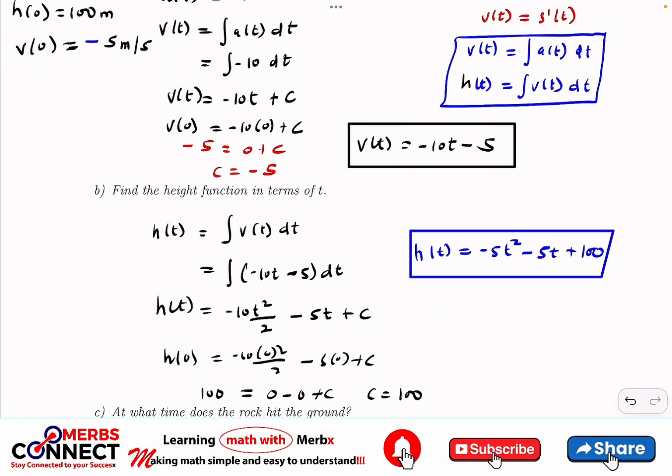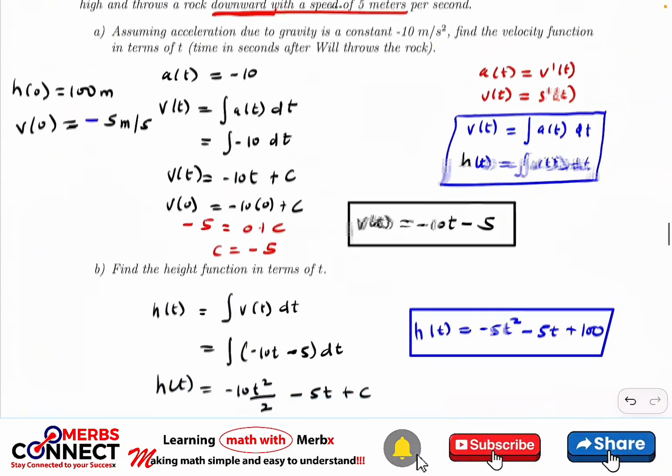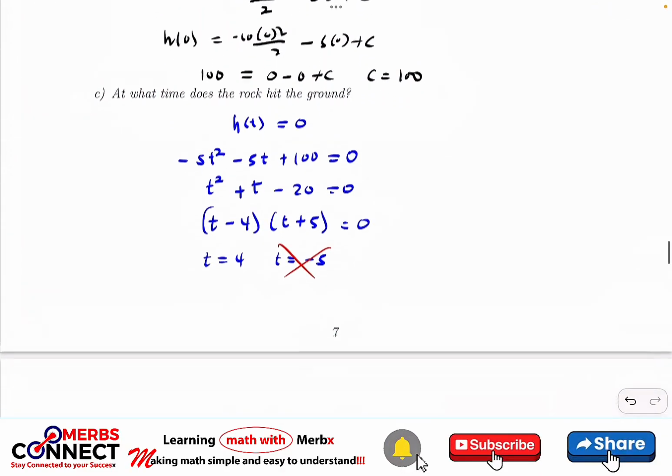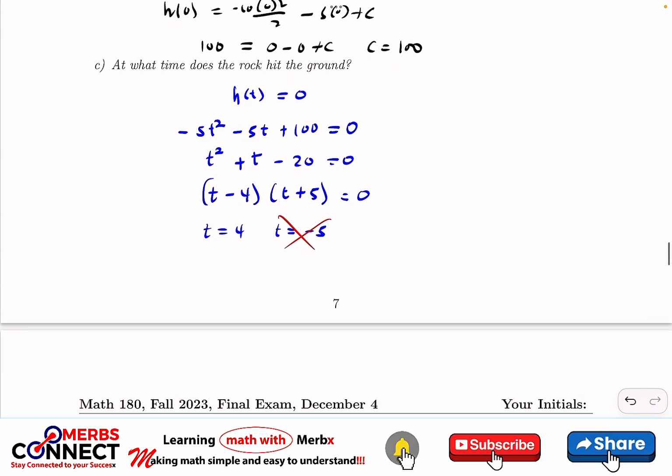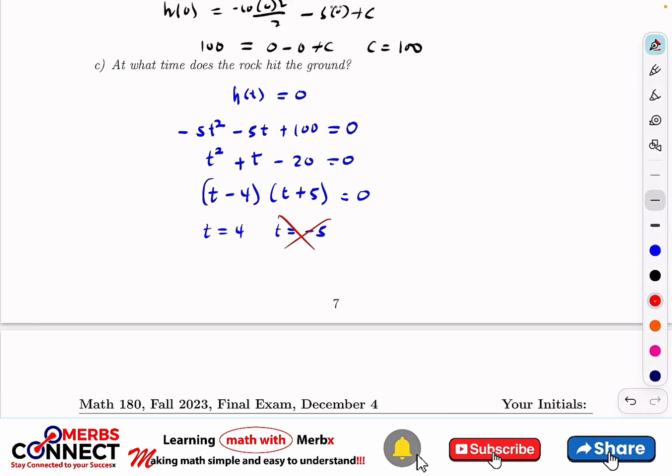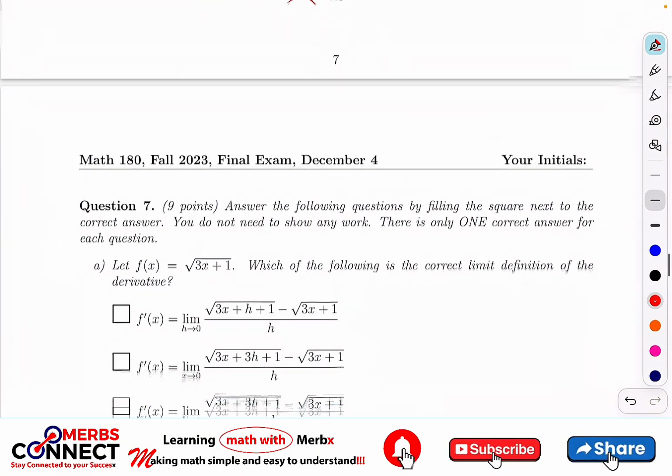It means that I'm going to get everything wrong, right? Unless the person who is marking is generous enough to see that the person is almost there, it's just the negative that affected. So here we are going to choose our time to be equal to 4 seconds. So that's what you are going to get for question 6.